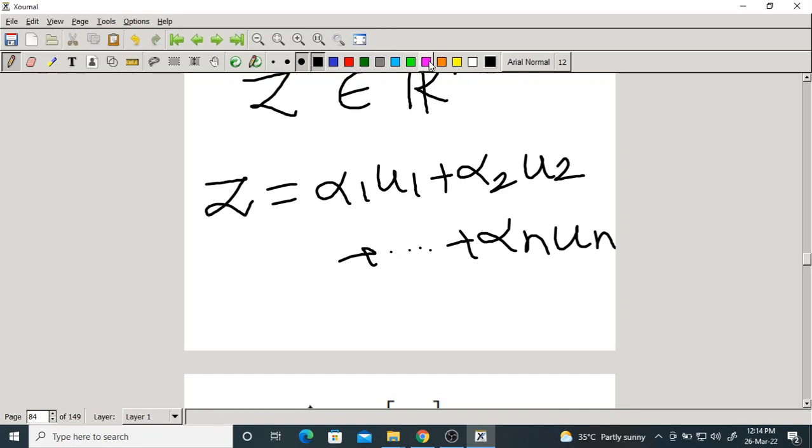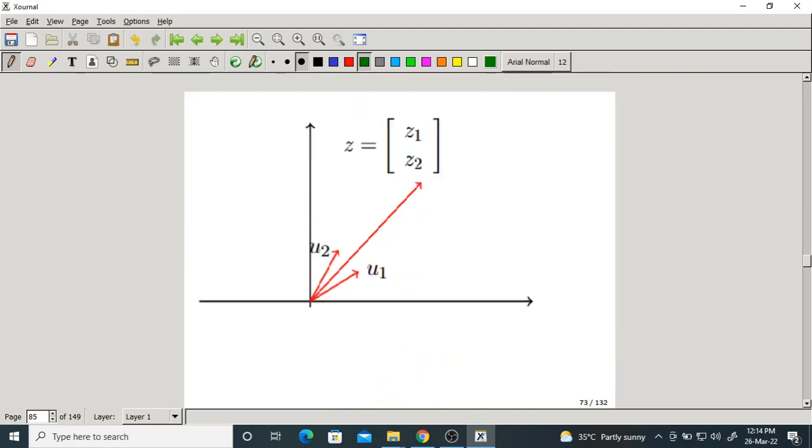So any vector z which belongs to Rn can be represented as a linear combination of basis vectors. Alpha 1, alpha 2 are simply scalars. If it is two-dimensional, with u1, u2 as basis vectors, any vector z is alpha 1 u1 plus alpha 2 u2.